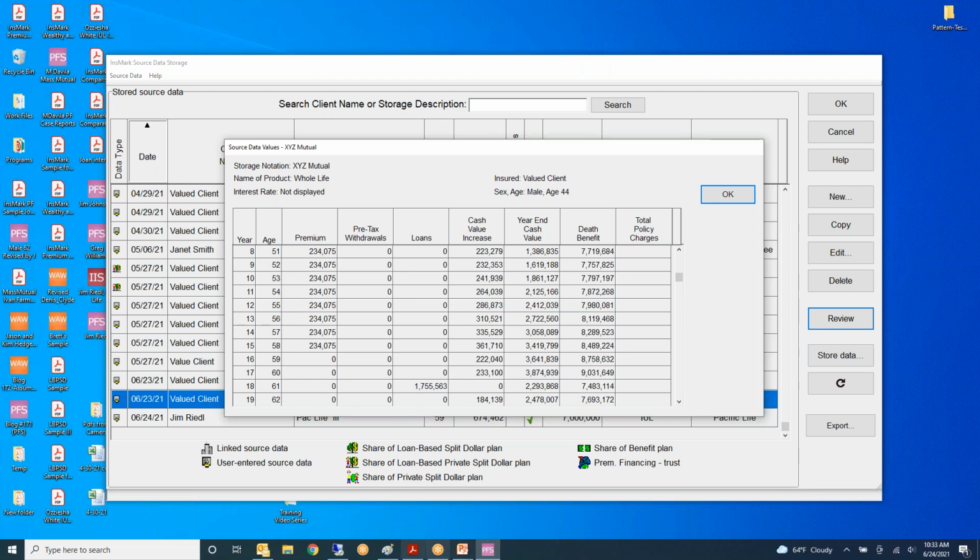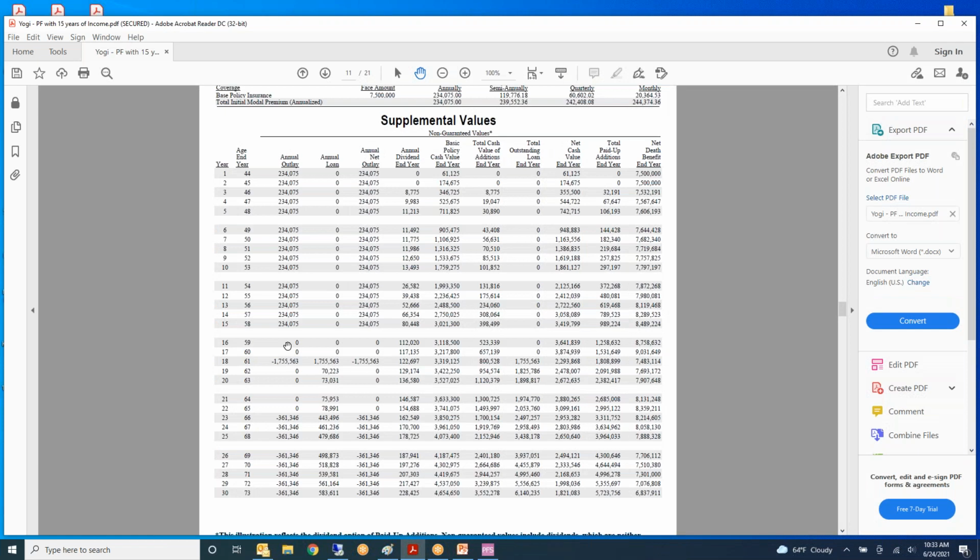Because if you look at the PDF, in year 18, the year before the loan repayment, the cash value is about $3.8 million, and the entire loan cumulative premium is 3.5. So it's not possible to rely 100% on the policy cash value.